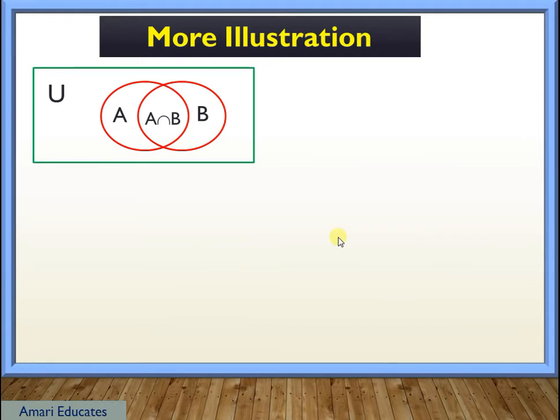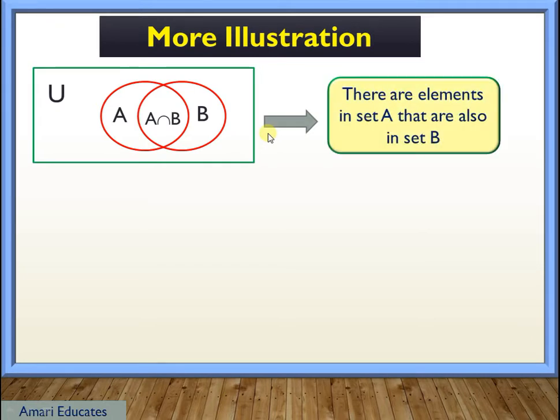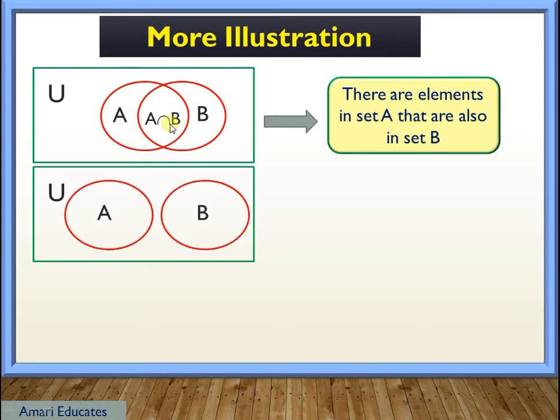So what can you say about this illustration? It simply means that there are elements in set A that can be found in set B, or they have the intersection. What about this one? Do they have intersection?